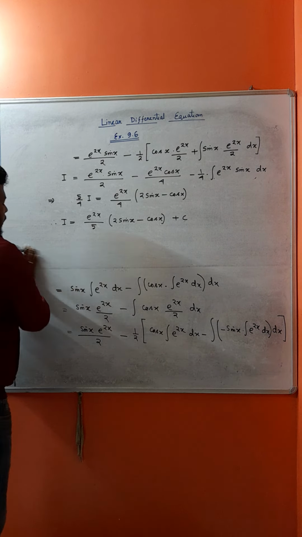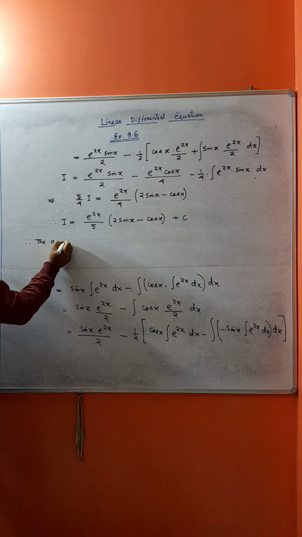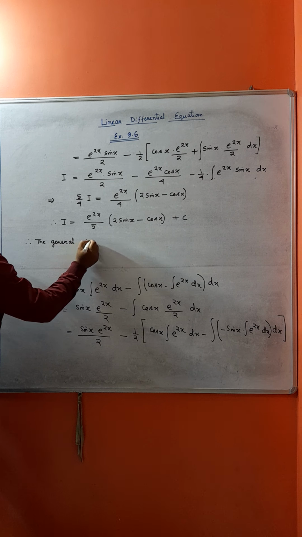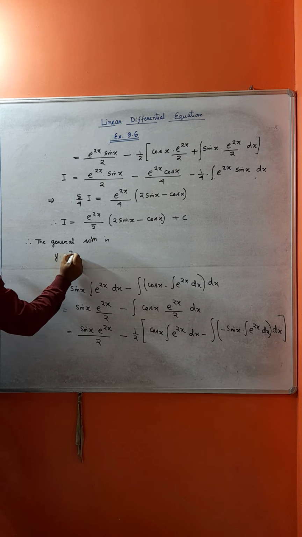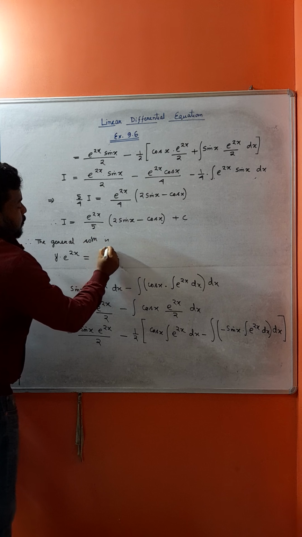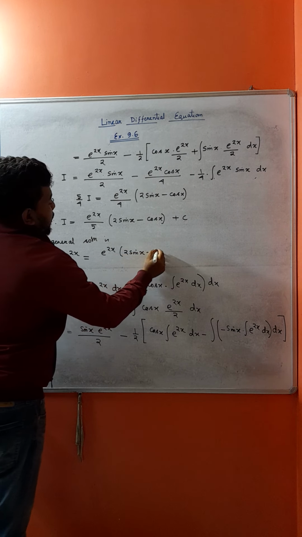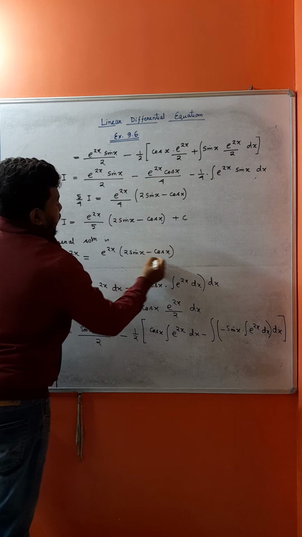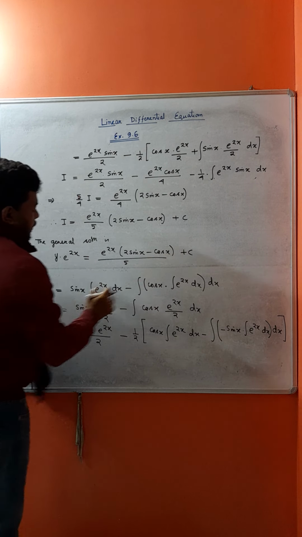Therefore the general solution is y into e to the power 2x. The integration of e to the power 2x sin x dx is e to the power 2x into (2 sin x minus cos x) by 5 plus c.